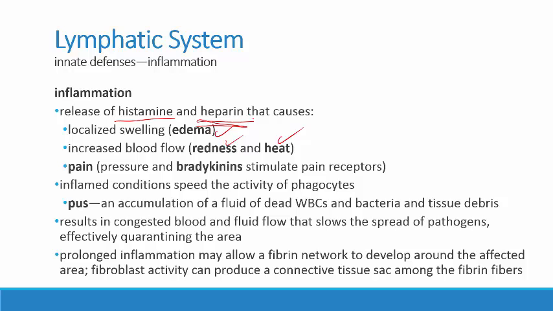So all these conditions of inflammation speed up the activity of phagocytes and bring more phagocytes into the area because we get a lot of blood flow into the area.